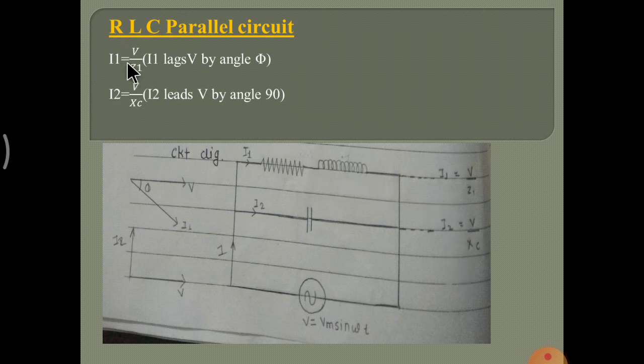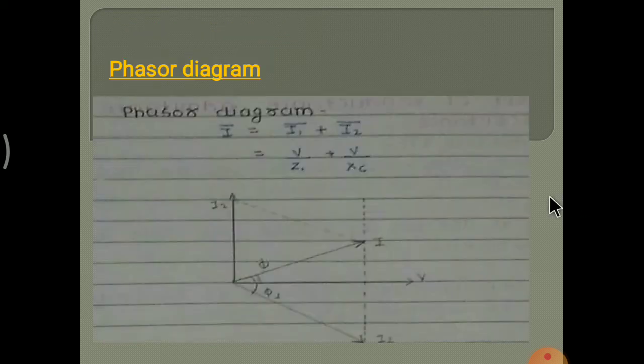Then I1 is equal to V upon Z1. I1 lags V by an angle phi. And then I2 is equal to V upon XC, that is, I2 leads V by an angle 90 degrees. This is the phasor diagram for the RLC parallel circuit.